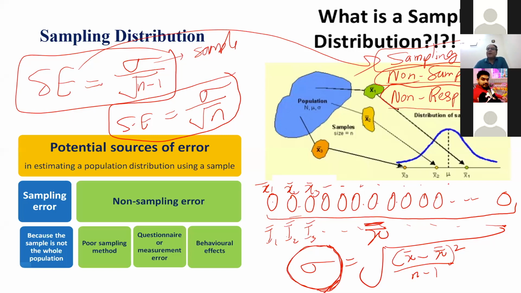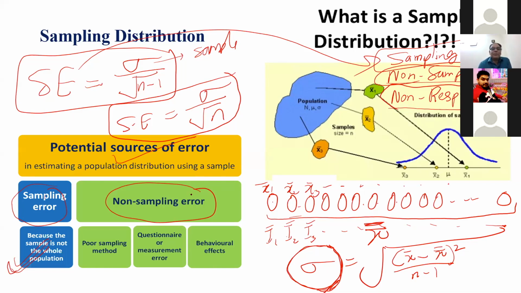So in research, sometimes this non-response error is also important. So you can say that we divided the error into two parts. This is called sampling error and this is called non-sampling error. This sampling error is called chance error because by chance you never get the result of the population, because you are picking a sample, so some error is possible. That error is called sampling error.